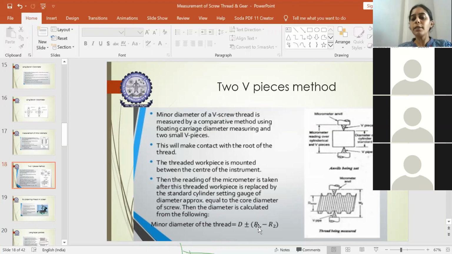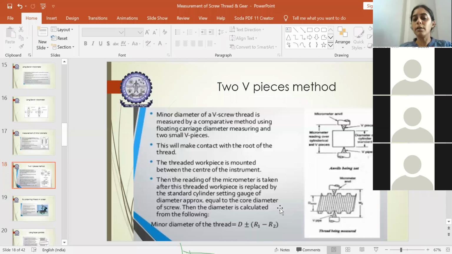So that will be the R1 value, and then you replace this cylindrical standard with the screw thread in which you have to measure the minor diameter. Then you will get the value of R2. If there is any difference, you will come to know from R1 minus R2.